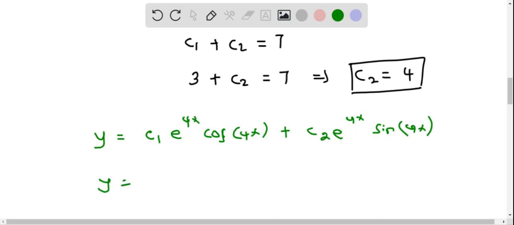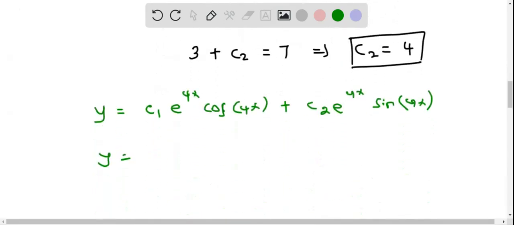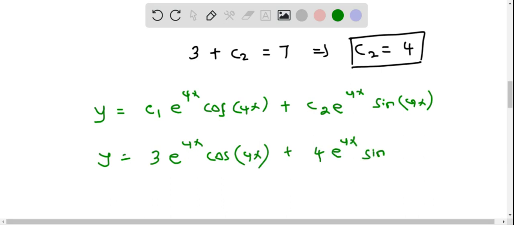When we plug in c1 equals 3 and c2 equals 4, this is 3e^(4x) cos 4x plus 4e^(4x) multiplied with sin 4x. So this is basically the unique solution.